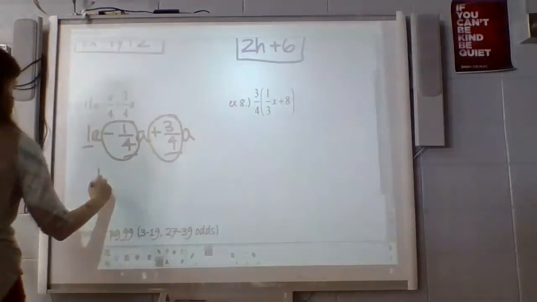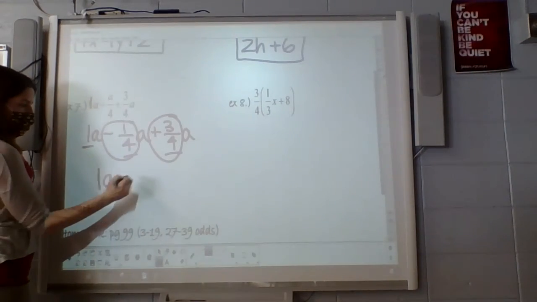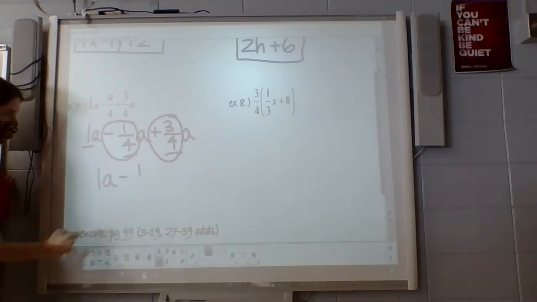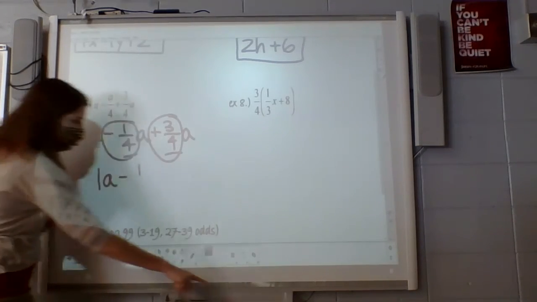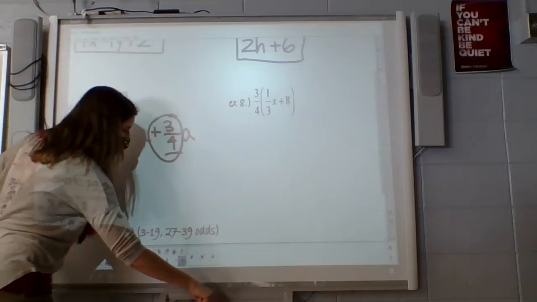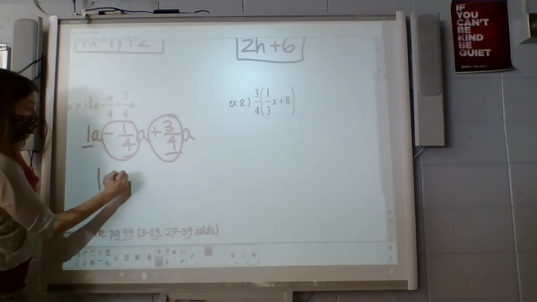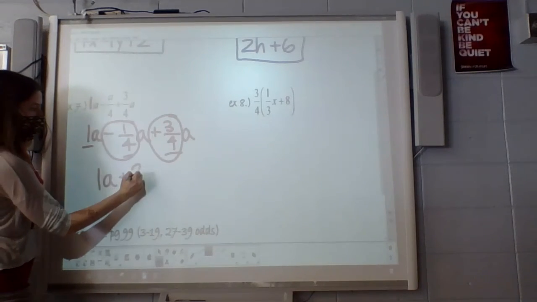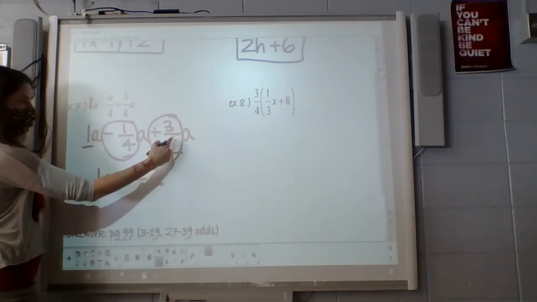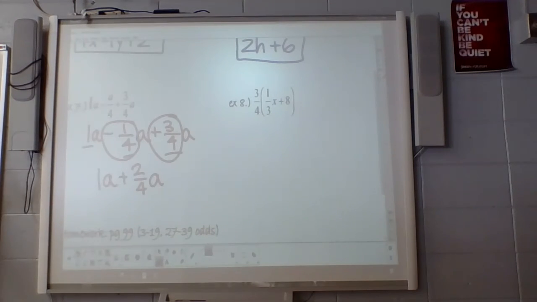So this will be 1A minus a half, or I'm going to write 2/4 just for those of you who aren't super comfortable with this. Oh, it's plus, right? Yeah. Plus, sorry, 2/4 A, because it's 3/4 minus 1/4, which would be 2/4. And this is really going to be a half.